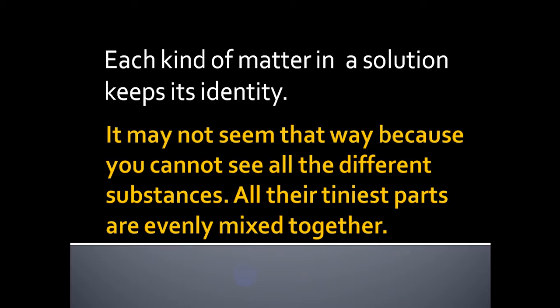I can taste the lemon juice. So it may not seem that way because you cannot see all the different substances. All their tiny parts are evenly mixed together. They are combined together. They are mixed together, but they are still there.